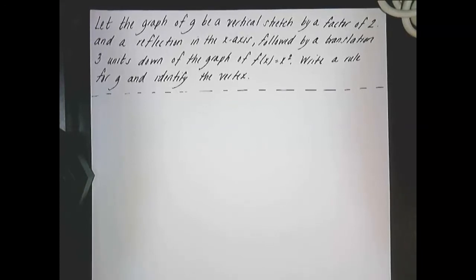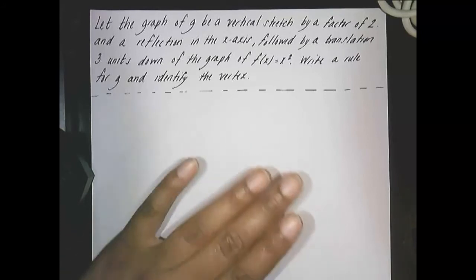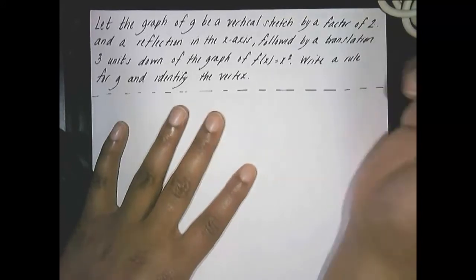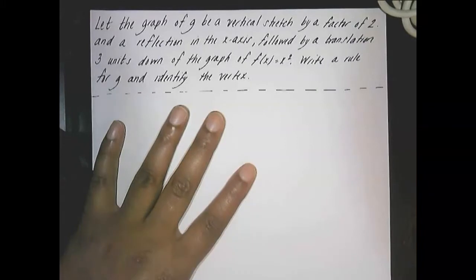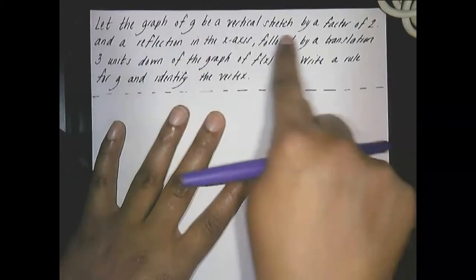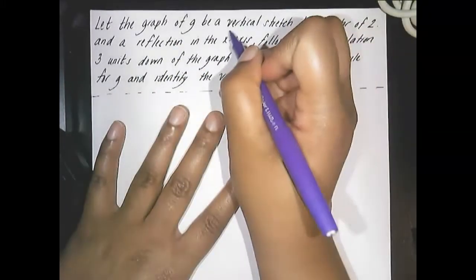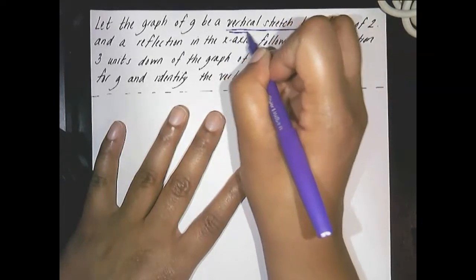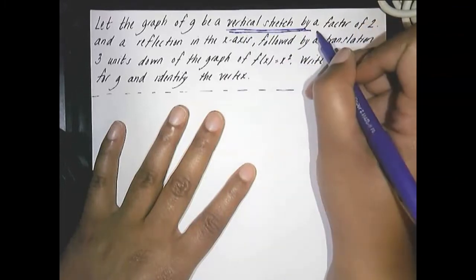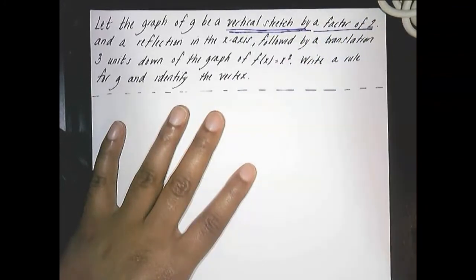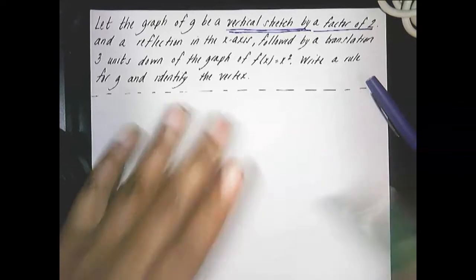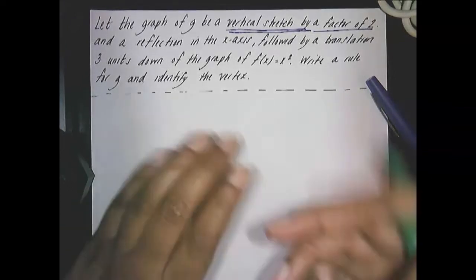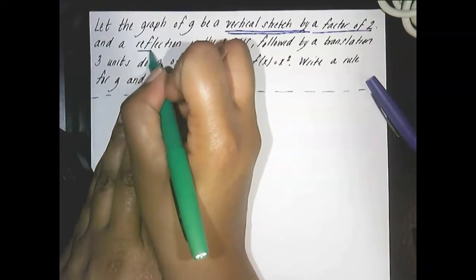So just some things that I want to point out. I'll read word problems twice or 3 times if need be. It says let the graph of g be a vertical stretch by a factor of 2. So this right here is important. Then we're going to do a reflection in the x-axis, so something is going to change.